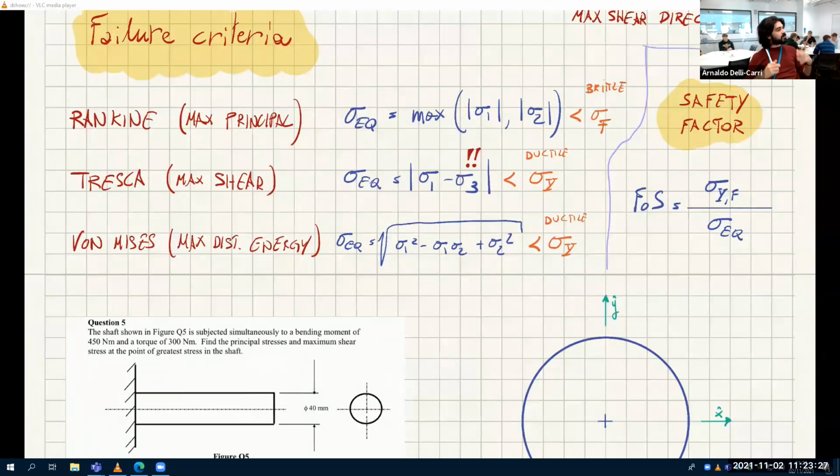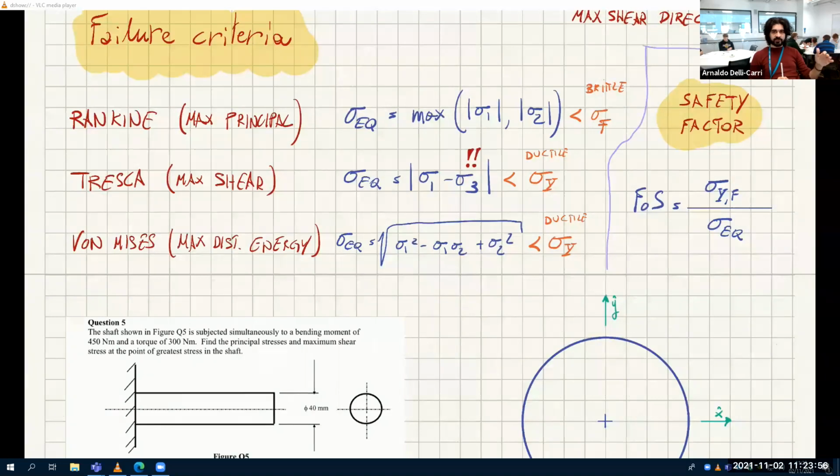And I said that the normal stresses and normal strains are the ones that change the volume of the structure, and the shear stress and shear strains are the ones that change the shape of the structure. So the normal stresses are responsible for the change in volume. It's a scaling. Same shape, just scaled up or down. Whereas the shear stresses are responsible for the distortion.